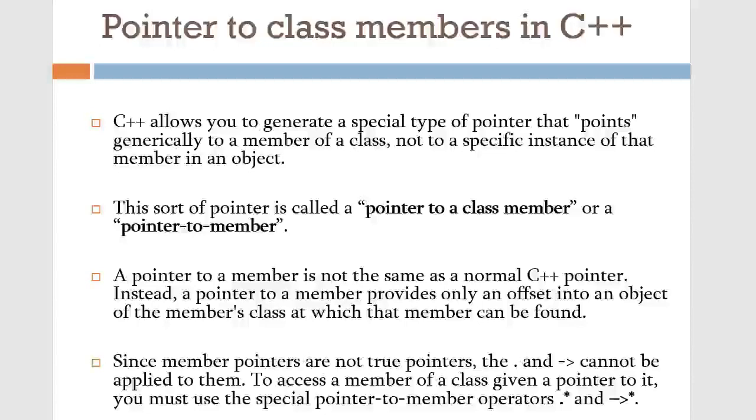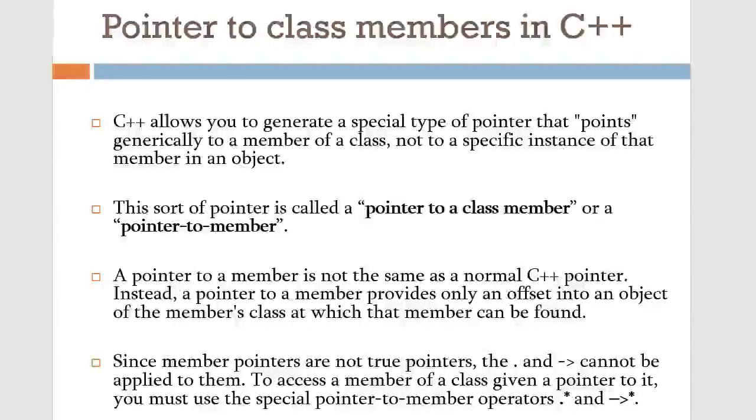The third point, a pointer to member is not the same as a normal C++ pointer, as we talked about in point 1. Instead, a pointer to member provides only an offset into an object of the member class at which that member can be found. So that address is just an offset where that member can be found in a class.